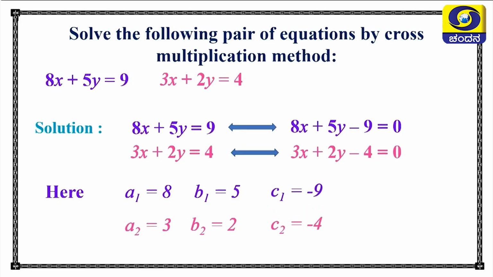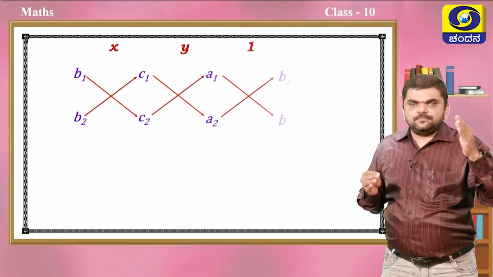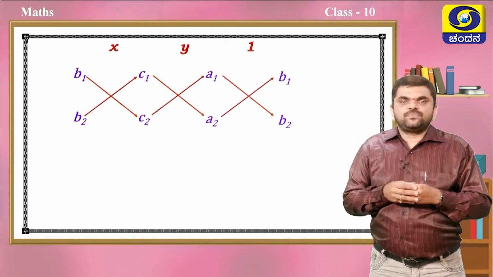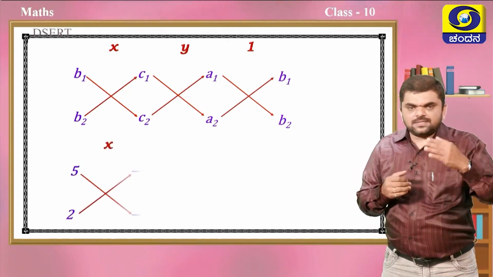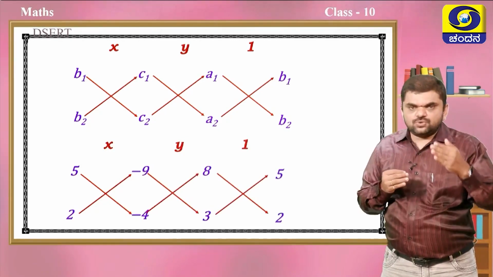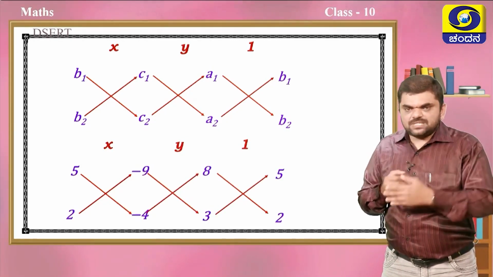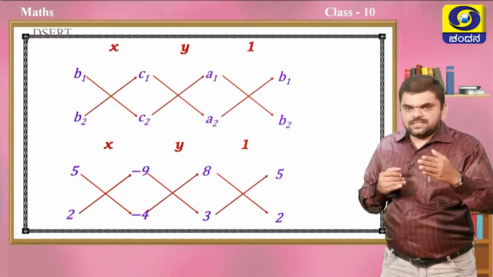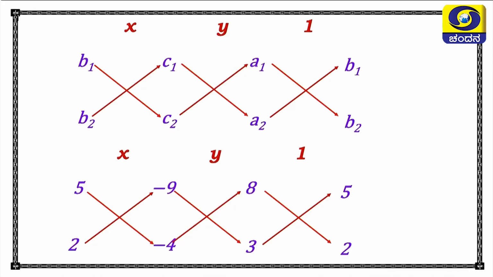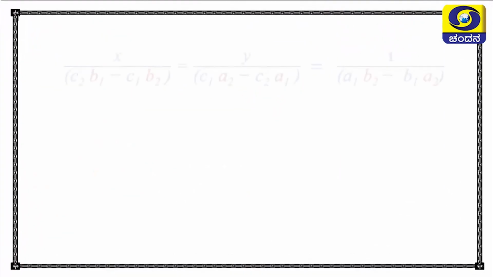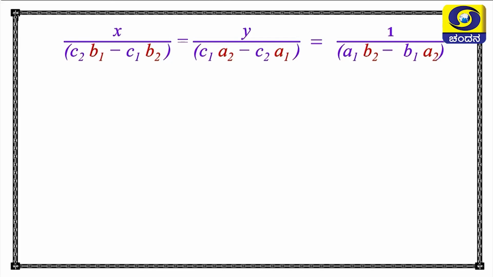Just recall that cross multiplication formula, children. This is the simple formula. So now substitute values: x, b1 is 5, b2 is 2, c1 is minus 9, c2 is minus 4, a1 is 8, a2 is 3, b1 is 5, b2 is 2. Now x over c2 b1 minus c1 b2 is equal to y over c1 a2 minus c2 a1 is equal to 1 over a1 b2 minus b1 a2.